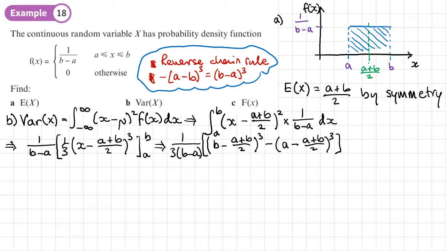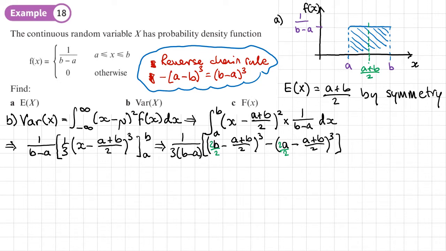And actually, if I were to write, for example, this b as 2b over 2 and this a as 2a over 2, it means I can simplify what's in this brackets. So I've got 2b minus b, which is this b, minus a. This bracket is going to become b minus a over 2. And in a similar way, this bracket here will become a minus b all over 2.